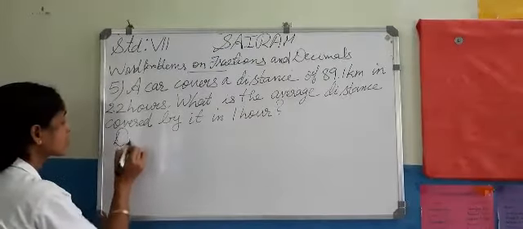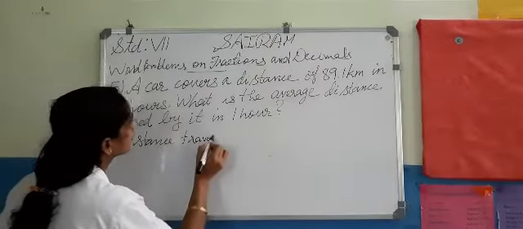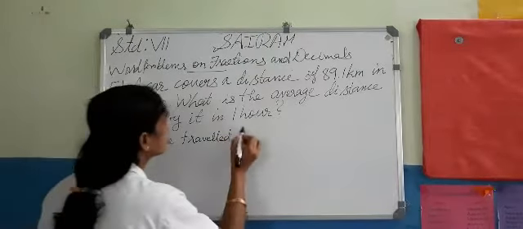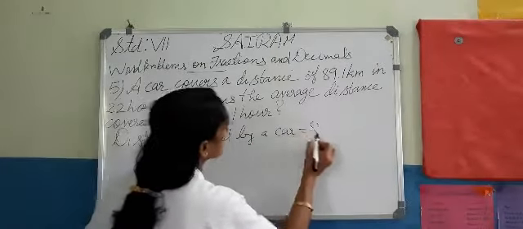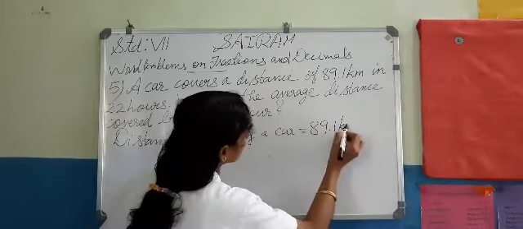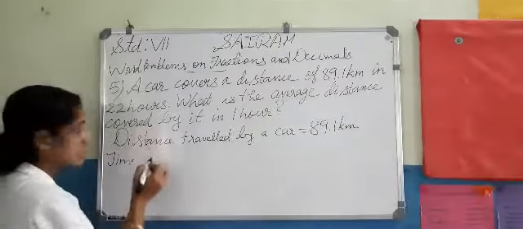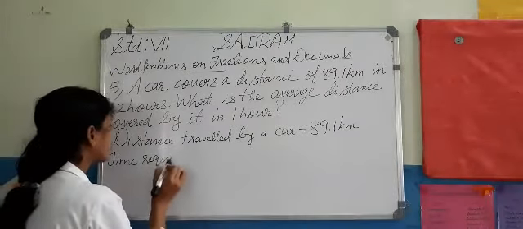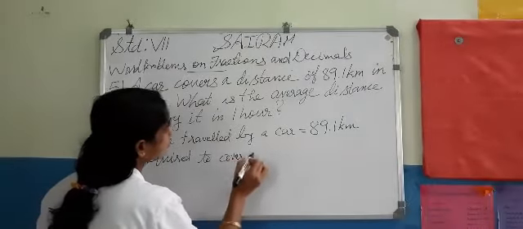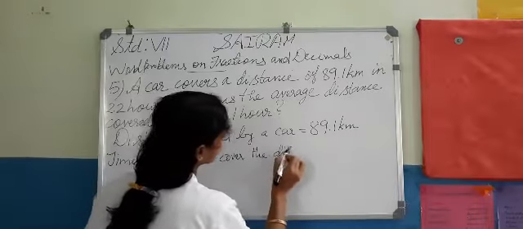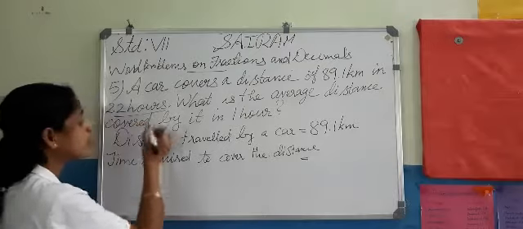How can we write the steps here? Yes, the distance traveled or covered by a car is equal to 89.1 kilometer. Next, the time is given here, isn't it? The time required is equal to 2.2 hours.